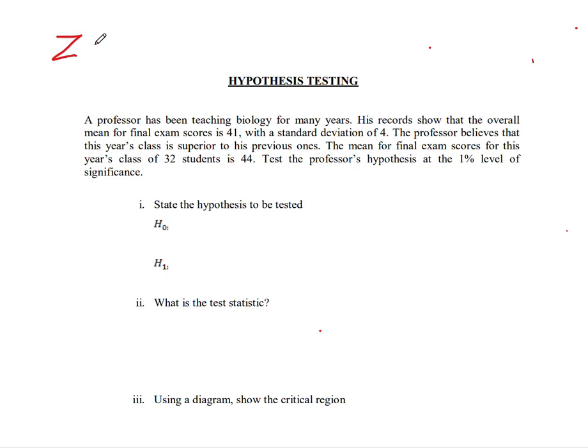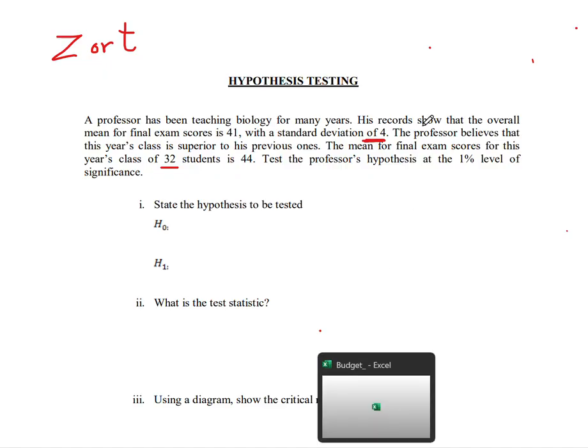And then the next thing we have to determine, very crucially, is it a z-test or a t-test? And this is going to be a z-test, because we know the standard deviation of the population. When the standard deviation of the population is known, and moreover the sample size, which is 32, is greater than 30, which means that the data tends towards normality, then the z-test is more appropriate than the t-test.